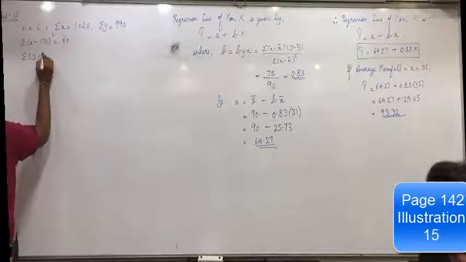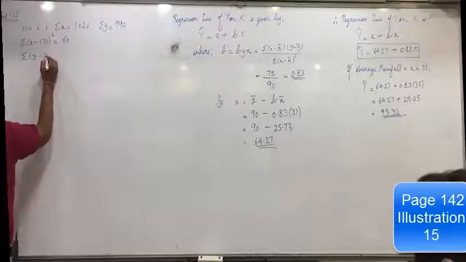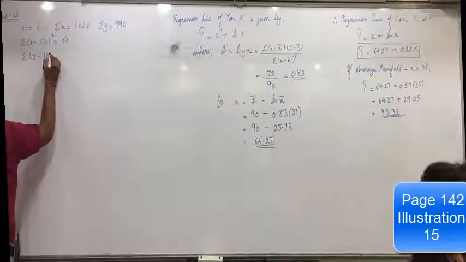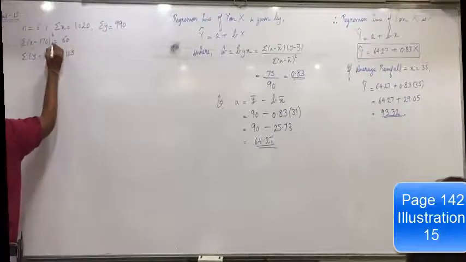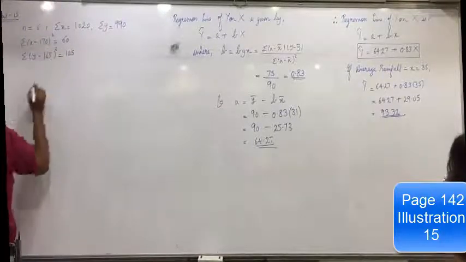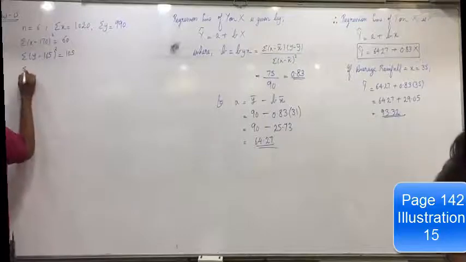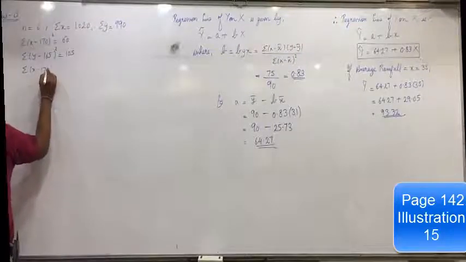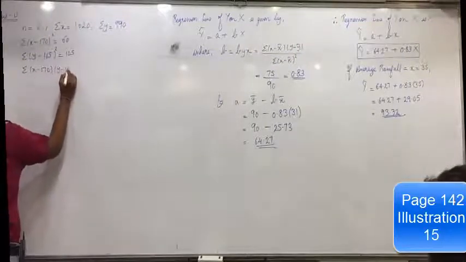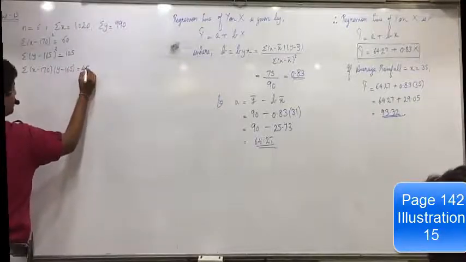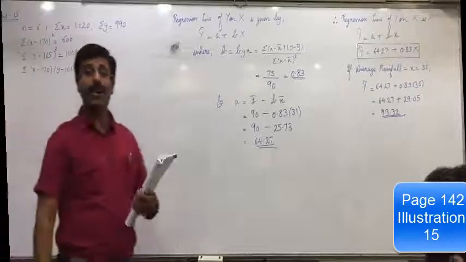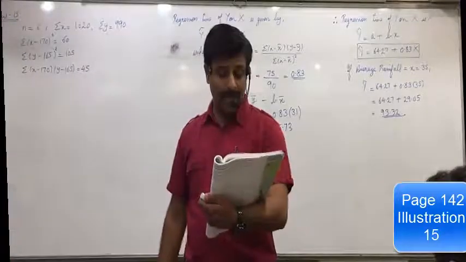Sigma (Y minus 165) whole square is 105, and sigma (X minus 170) into (Y minus 165) is 45. Any confusions?